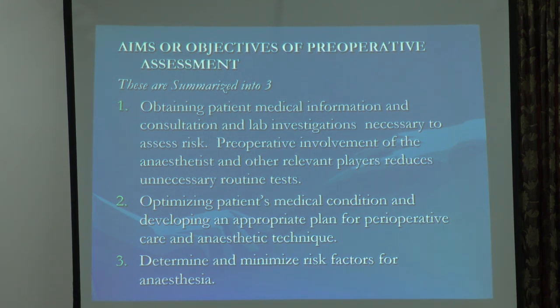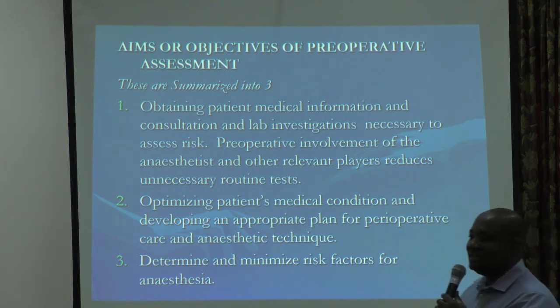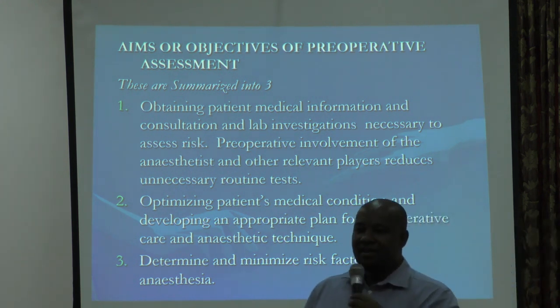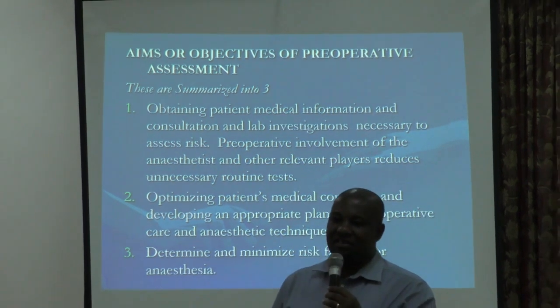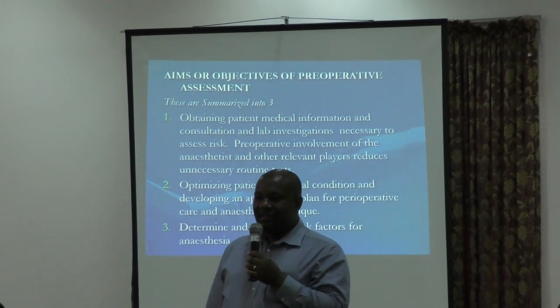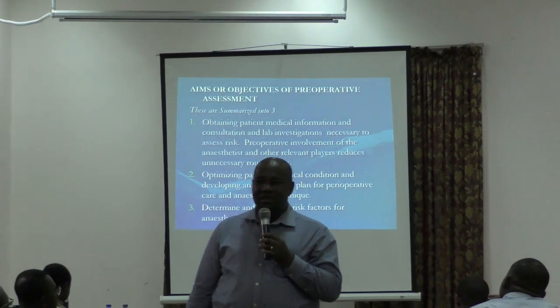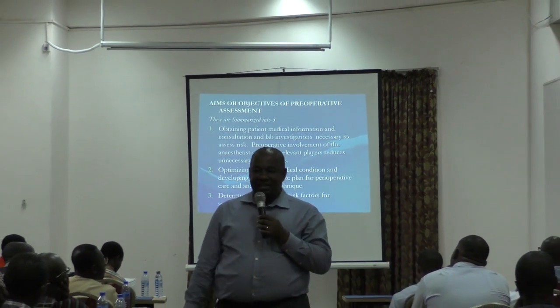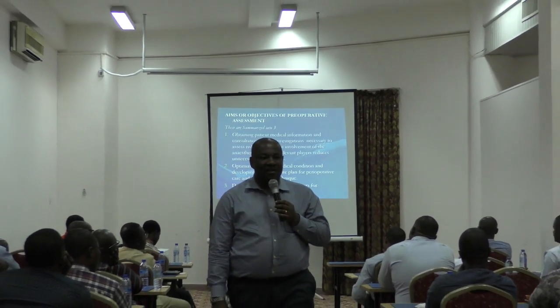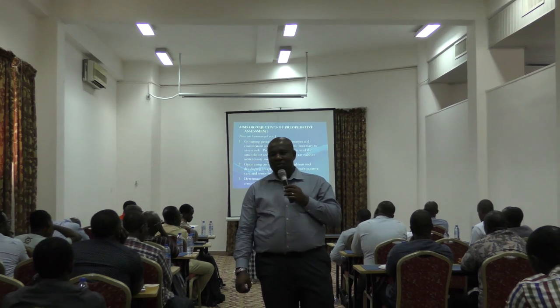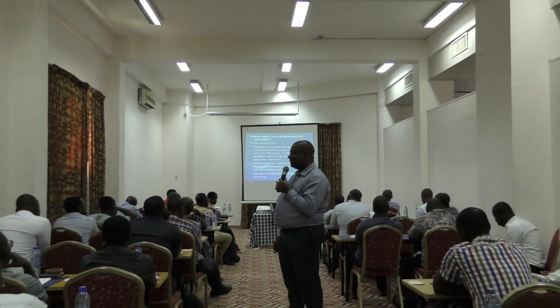The third is to determine and minimize the risk factors for anesthesia, and there are many of them. There are some anesthetics you cannot give to certain patients. There are patients that if you give GA, you can just as well dash them the anesthetic machine to carry home because they will not come off it.